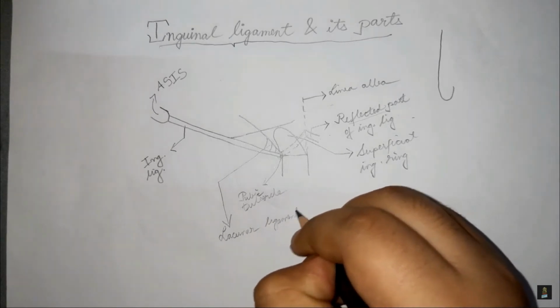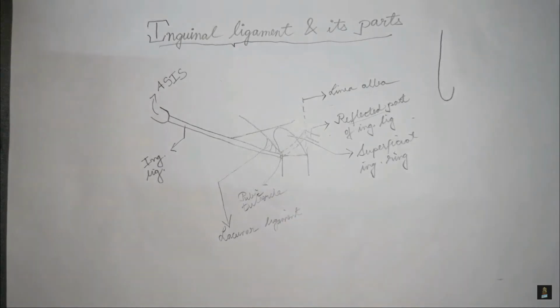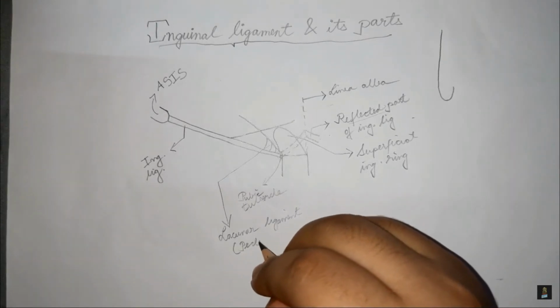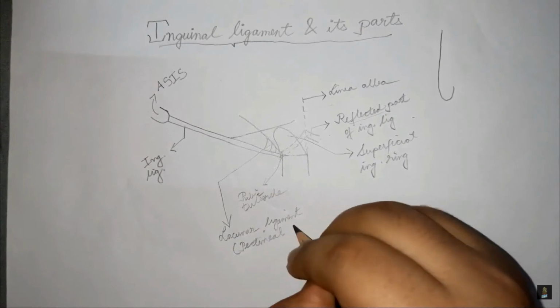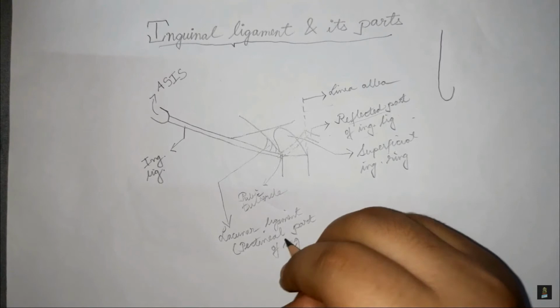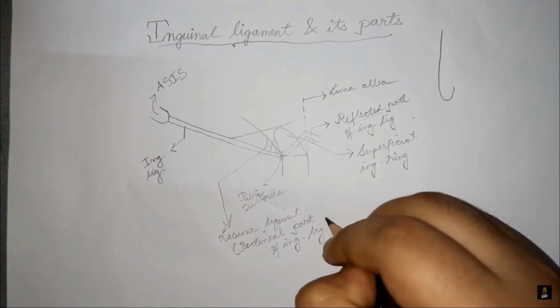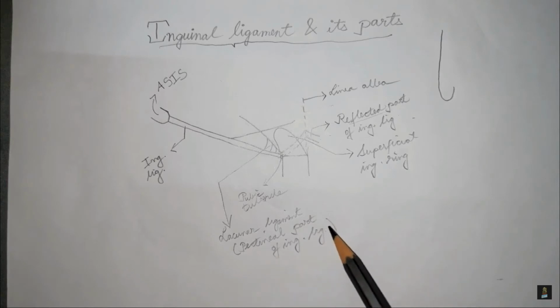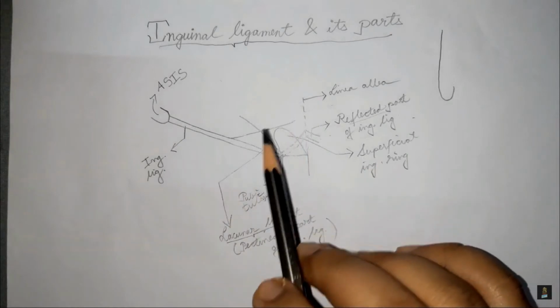There is another name for this: it is known as the pectineal part of the inguinal ligament. I mention both names since lacunar ligament is the more catchy name, so you will obviously remember that.